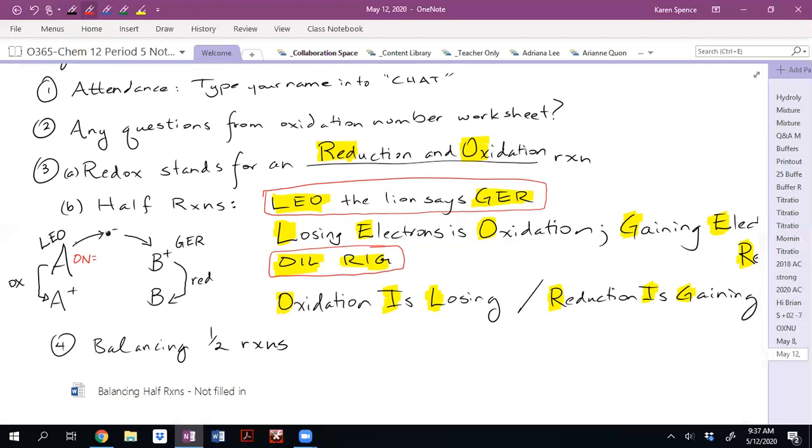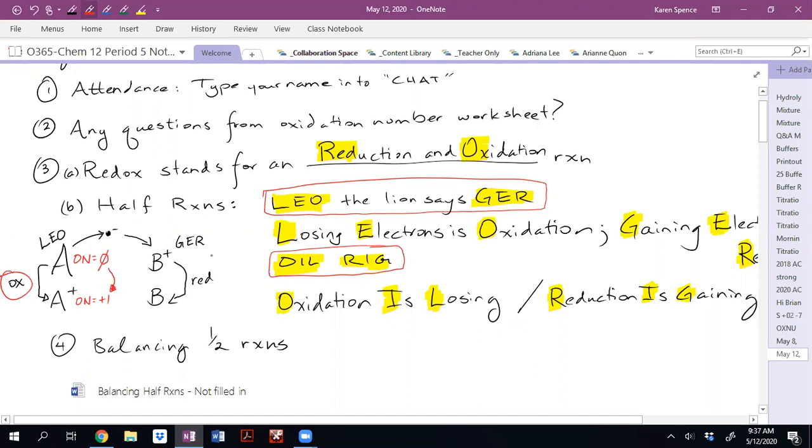It's just A all on its own. It is 0. That's right. Any element on its own, the oxidation number is 0. And then down below here, the oxidation number is +1. And so the oxidation number got bigger. Oh, look at that. Oxidation number got bigger. It was oxidized.